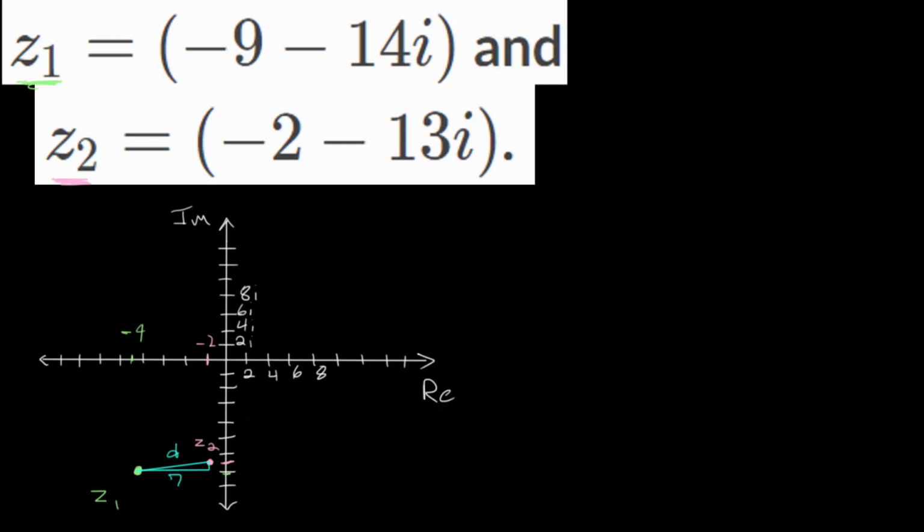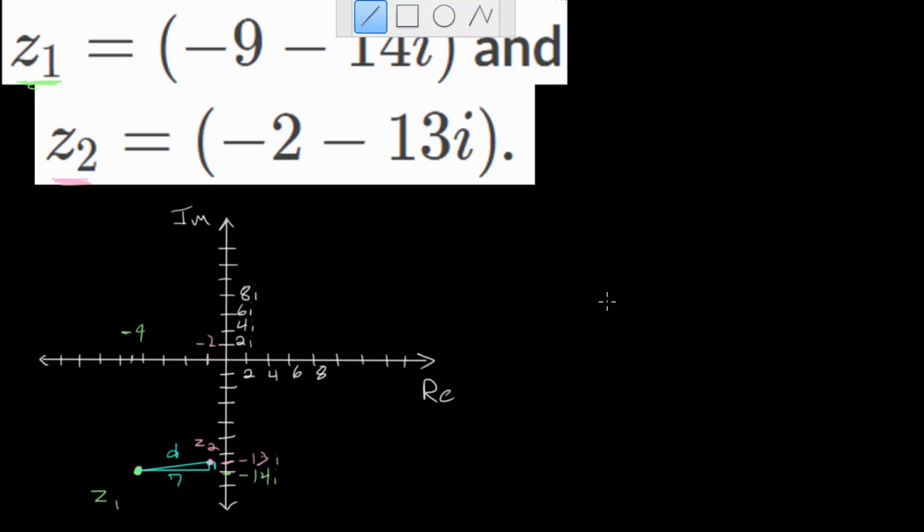And for the vertical component, we know that z1 has an imaginary component of -14i, where z2 is at -13i. So that is just 1 unit apart. And since we're dealing with a right triangle now, we're just talking about the distance between them. So we can drop the imaginary unit, since that really just tells us the direction. But this vertical component here would just be 1.